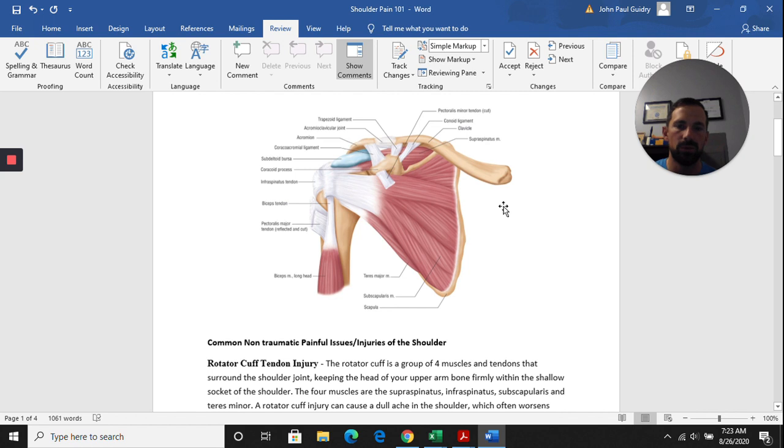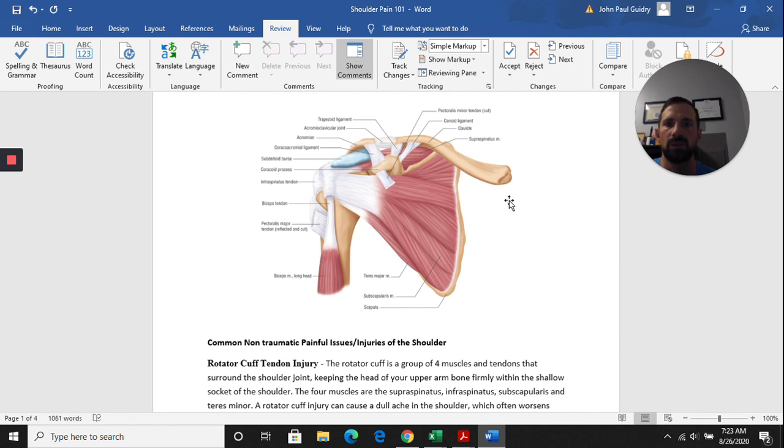They help create internal and external rotation of the shoulder, and they also help stabilize the humeral head in the shoulder joint when you're moving around, lifting, carrying, things like that. So injuries to this rotator cuff, whether it be inflammation, tendon type injuries, or partial or full tears, can lead to pain and dysfunction in the shoulder.